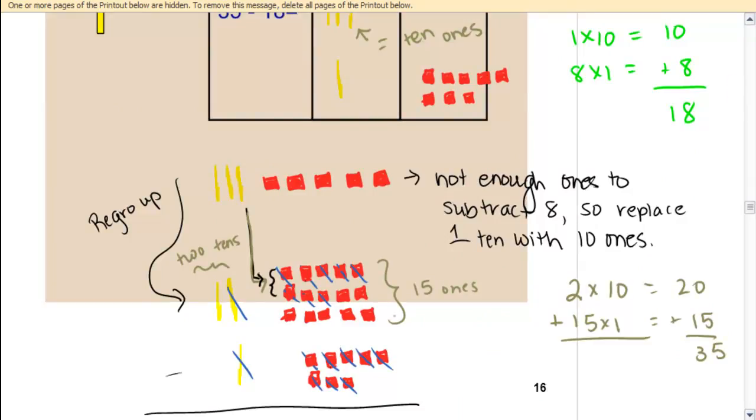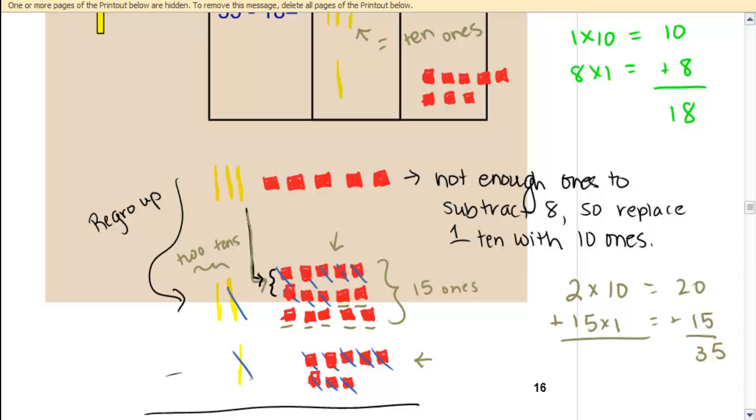And I'm going to subtract 8 of these ones from 8 of the ones in our number 35. And you can see I have canceled out the 8 ones in my number 18 and 8 of the ones in my number 35. When I do that, I'm left with 1, 2, 3, 4, 5, 6, 7 ones.